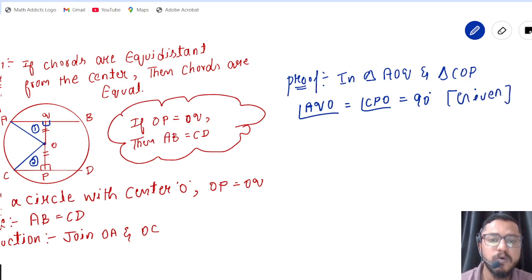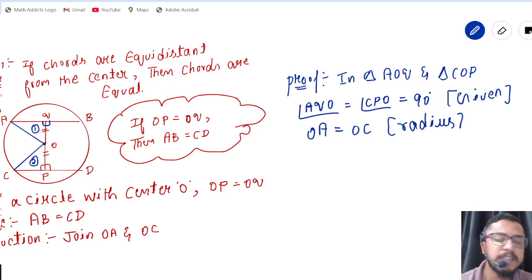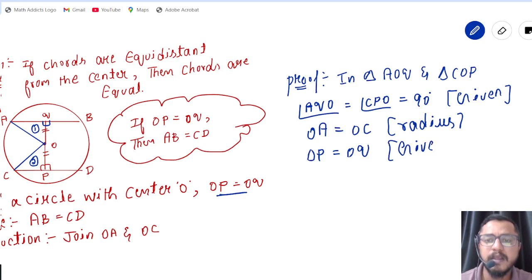Understood? Next, OA is equal to OC. The reason is radius of the same circle. Next, OP is equal to OQ, which is given. If you observe, they have given OP is equal to OQ. Understood? So by which criteria?